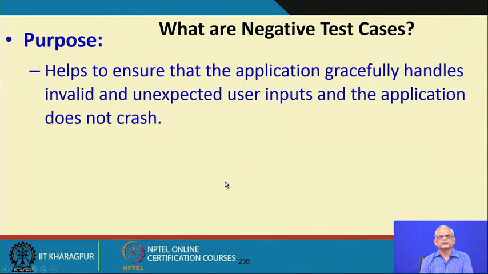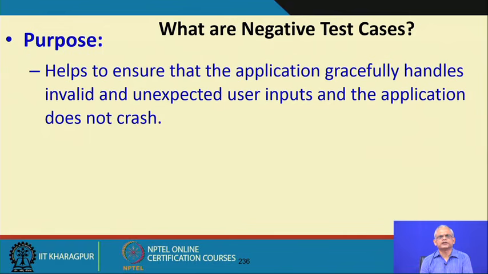Now, let us see another basic concept which is about negative test cases. We have been so far discussing positive test cases which detect bugs in the code, that is, the software does not do something it should have been doing. But negative test cases provide unexpected or invalid inputs and then see how the system behaves.